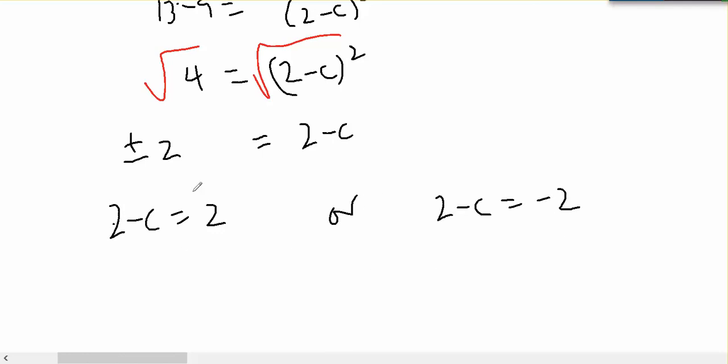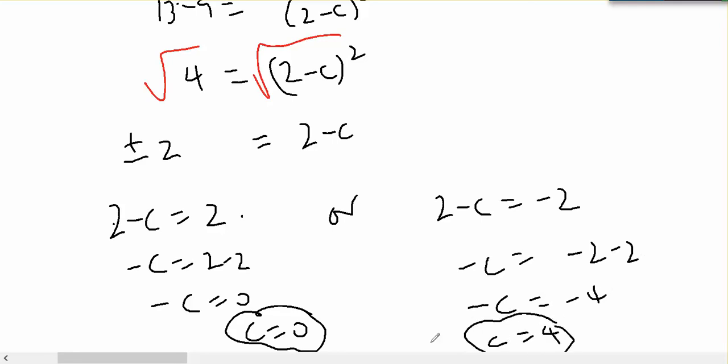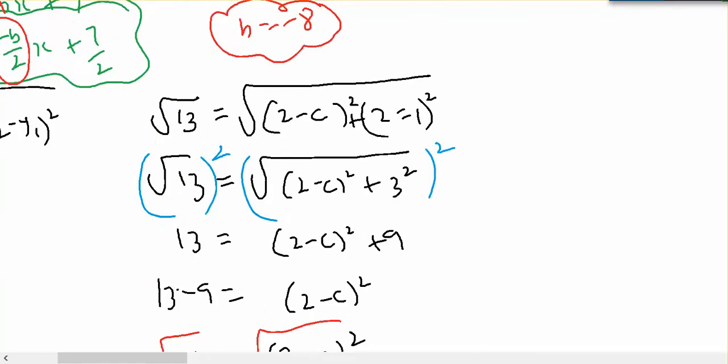If this is the case, when the 2 goes over there, I have minus c equals 2 minus 2, minus c equals 0, therefore c equals 0. Or minus c equals minus 2 minus 2, minus c equals minus 4, c equals 4. So there's two possible answers for this, c equaling 0 or c equaling 4.